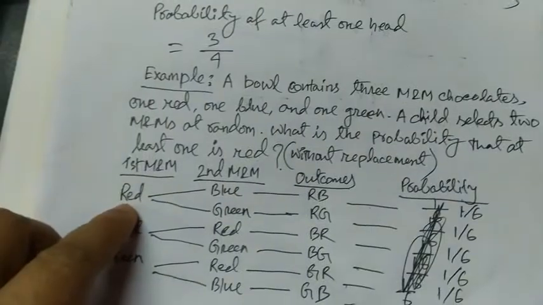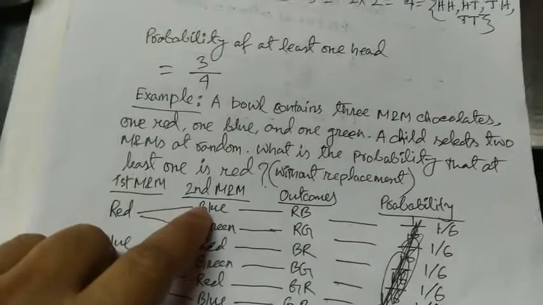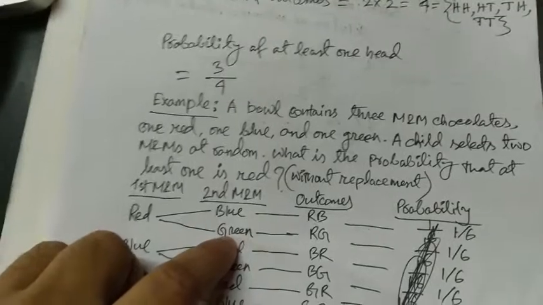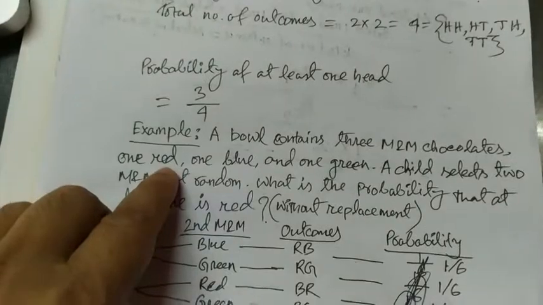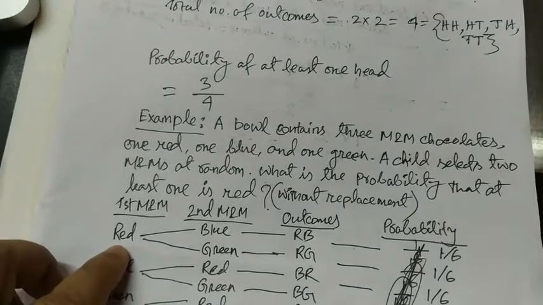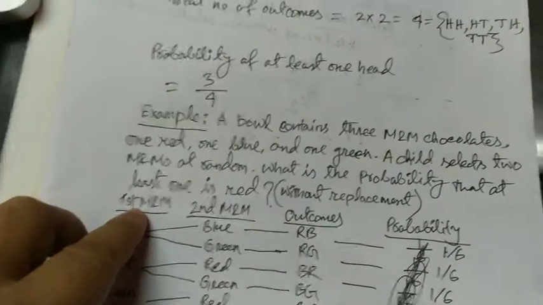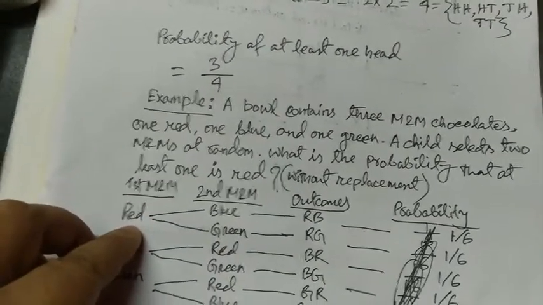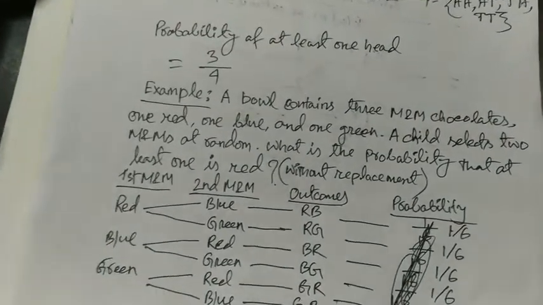For the second one, if red was chosen first, it can be blue or green, because we had only one red in the bowl. If the child has already chosen the red chocolate in the first attempt, that means the red chocolate is already gone from the bowl.